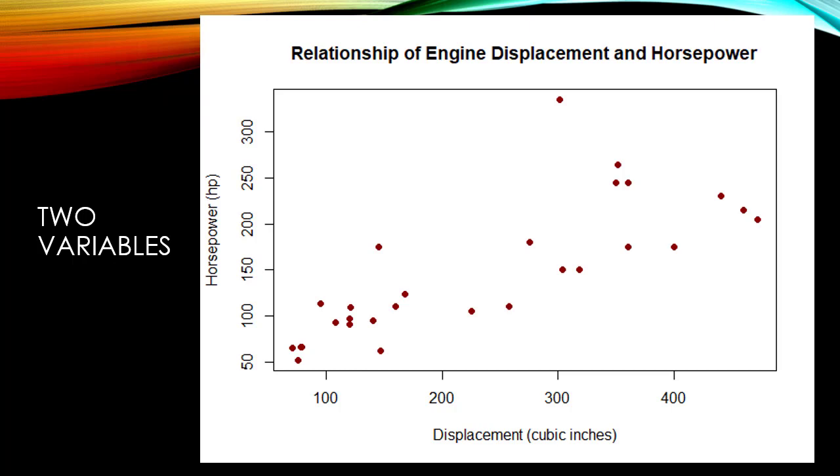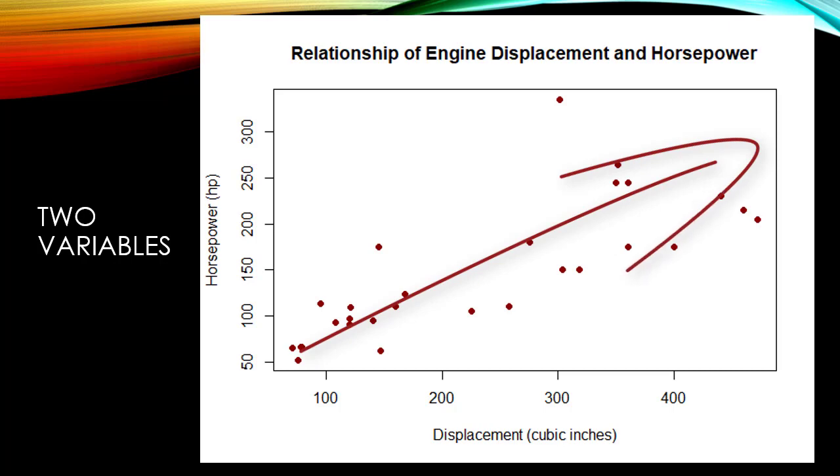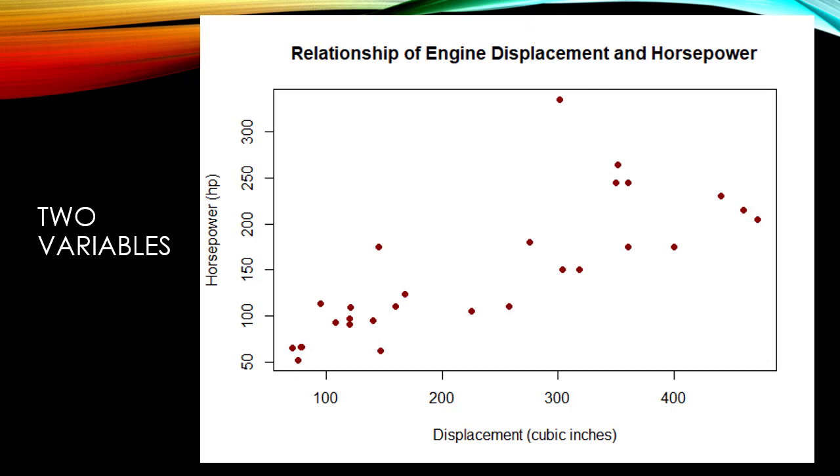I suspect that you would say something like, the bigger the engine, the more horsepower it has. If I'm correct, then what you have done, perhaps without even realizing it, is to create a model that relates horsepower to engine size. The bigger the engine, the greater the horsepower. When we use linear least squares regression, all we are doing is getting a little more specific about this model.